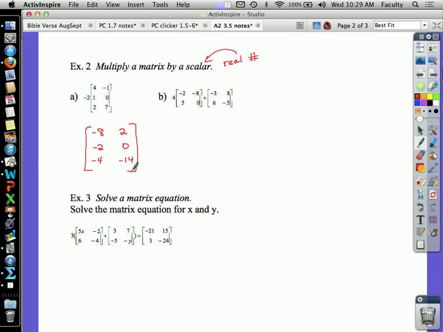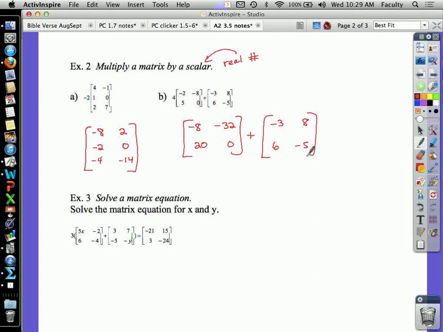We're going to take 4 times the first matrix, and then after we do that, we're going to then add it to the second matrix. So order of operations, please excuse my dear Aunt Sally, applies to matrices. So I get negative 8, negative 32, 20, 0. Okay, I'm going to do the scalar multiplication.